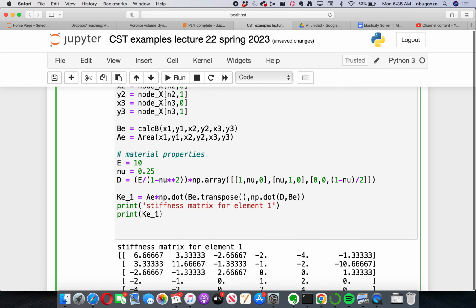I just do the force vector here. So force vector is just A over 3 times bx by, bx by, bx by.